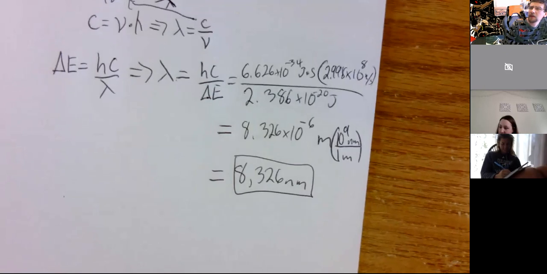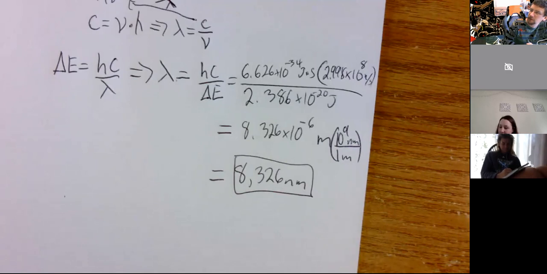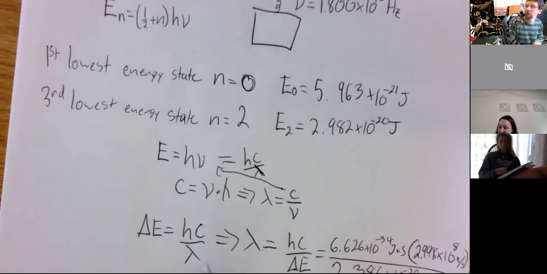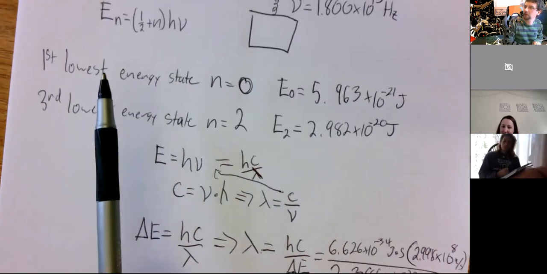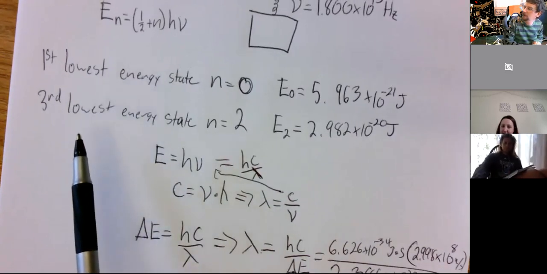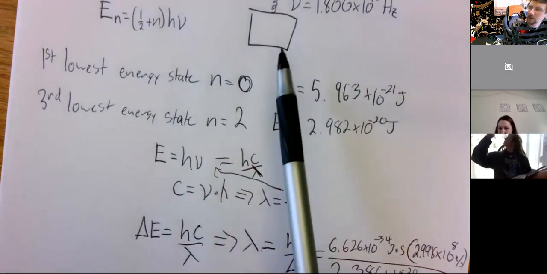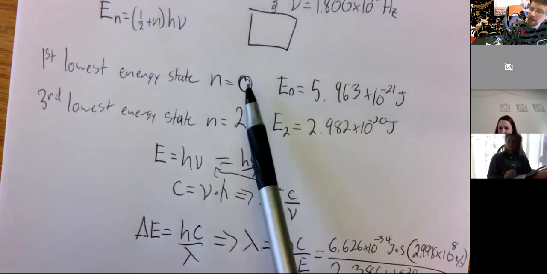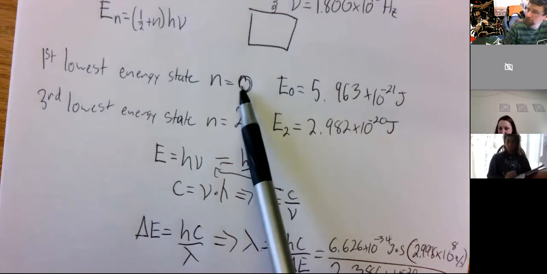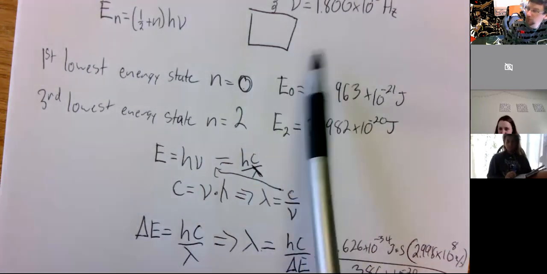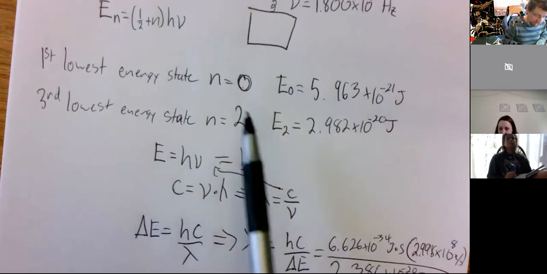Okay. So anybody have any real questions on that, or where did you run into problems? I did that completely wrong. Well, was it up here with the first lowest and third lowest energy state? Because in most of our quantum systems, n cannot equal 0, because if you look at that energy, you just end up getting 0.